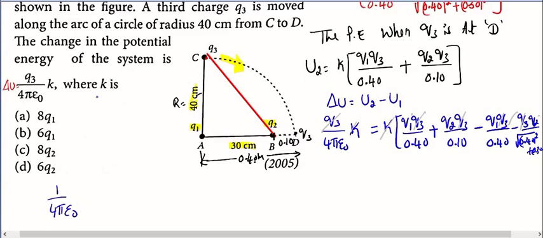Where K was asked, this is not a constant; K means 1 by 4 pi epsilon naught. So here Q3 and 1 by 4 pi epsilon naught cancel. So K is equal to Q1 divided by 0.40 minus Q1 divided by 0.40, which cancels.